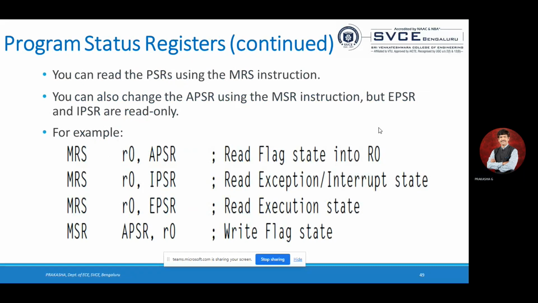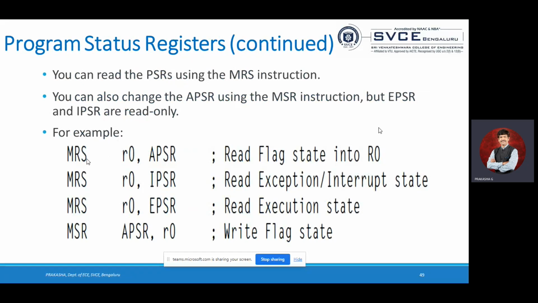See here, MRS is for read. Read from APSR and load it into a register. Assume that APSR contains some value, say 55, just for illustration purposes.